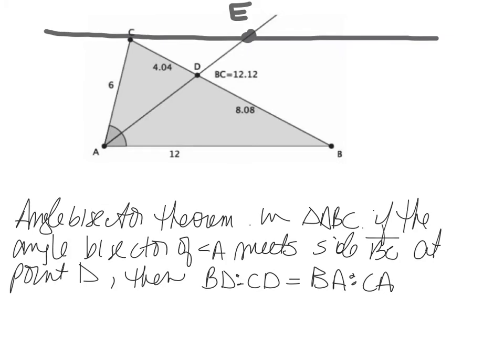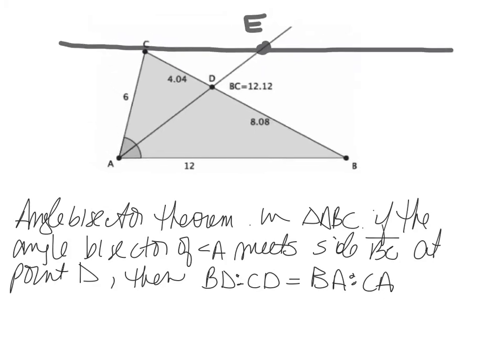First of all, this line I drew up here, let's put it back. This line is parallel to that line because that's how I drew it. So we know that angle CED is congruent to angle DAB. Basically, if I can prove that the triangle up here, the blue one, is similar to this triangle, then life is pretty grand.